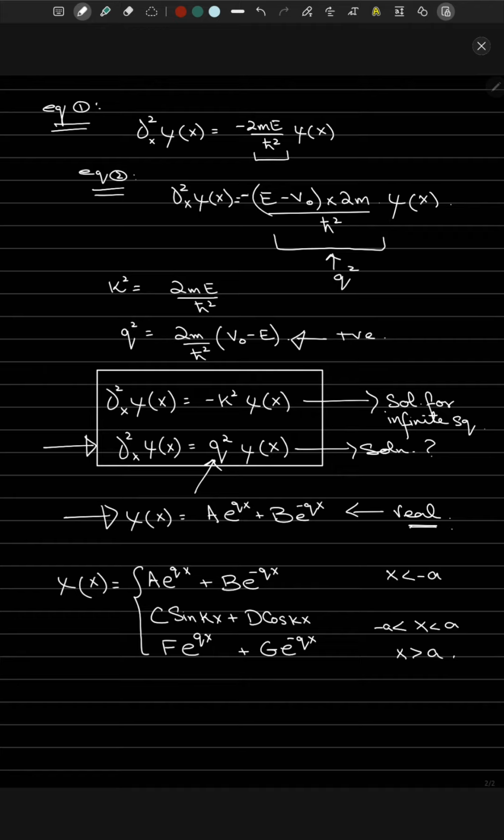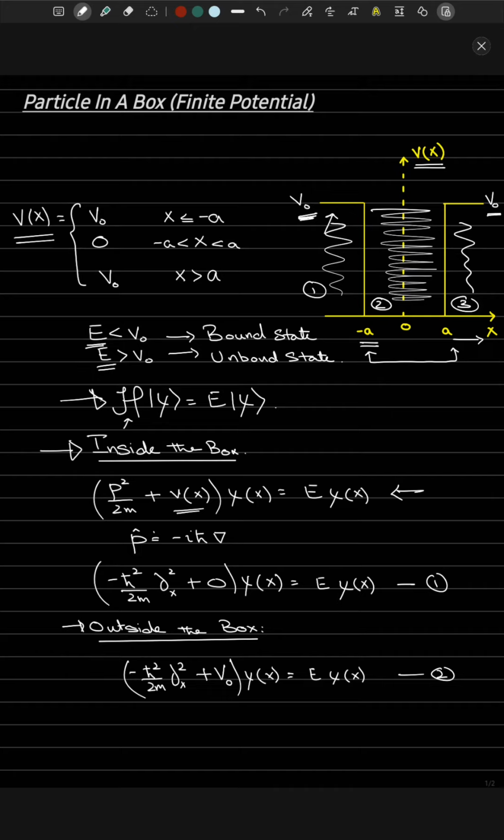Now, the next step from here is that these solutions must satisfy some boundary conditions, right? So we have found a solution. Now, to match it with this problem over here, we need boundary conditions that match with this specific problem or this figure.